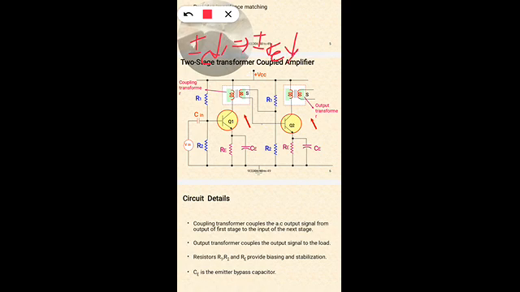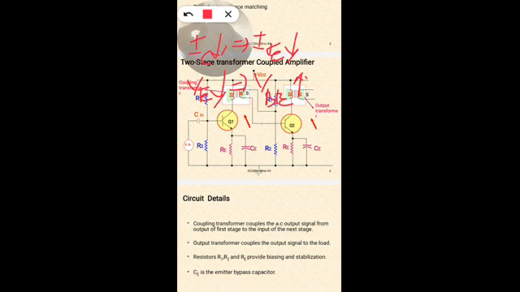When IE decreases, the VE decreases. And when VE decreases, there is a corresponding increase in the VBE. So if VE decreases by 5 volts, there is an increase in the VBE by 5 volts.